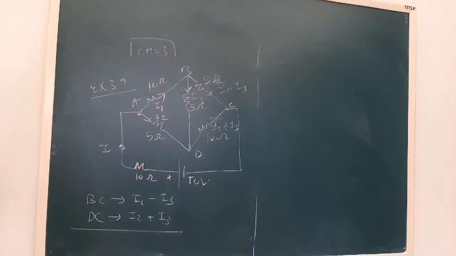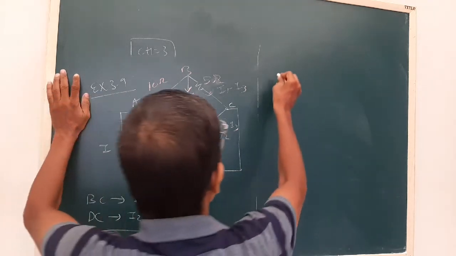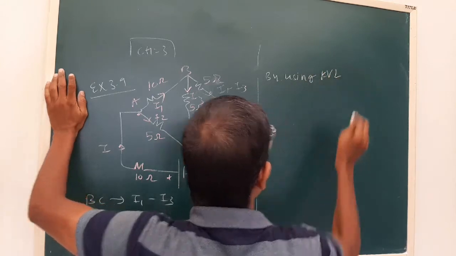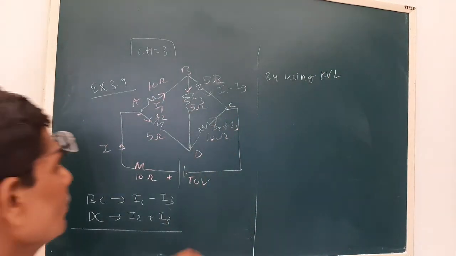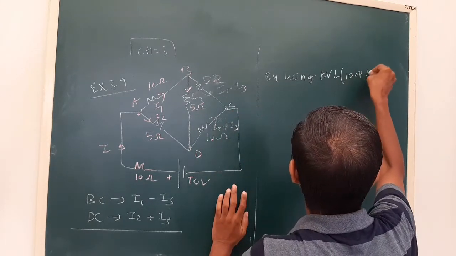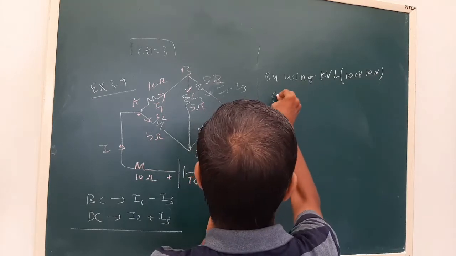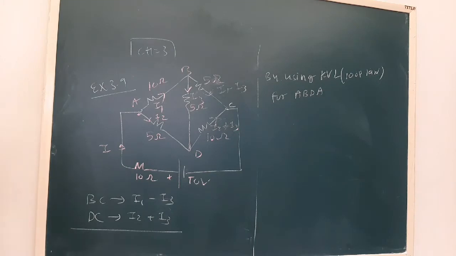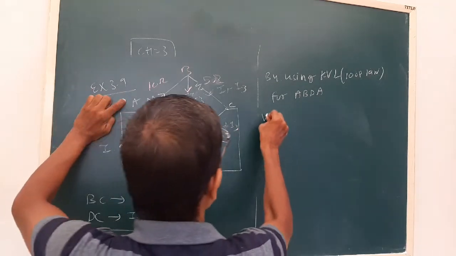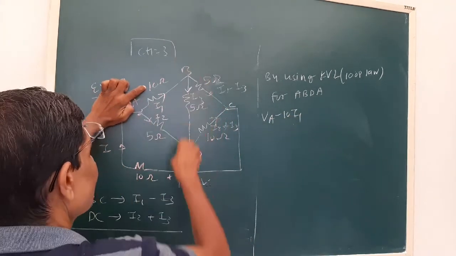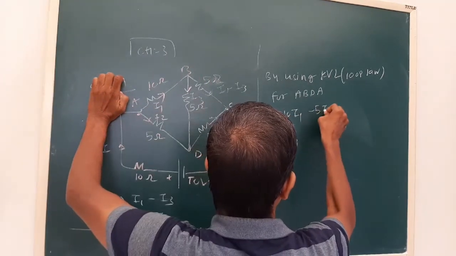Now we have to find out the current in each branch. First we take the loop ABDA by using KVL, that is Kirchhoff's voltage law, or the second law, or loop law. Starting from A, we get minus 10 I1, since we move in the current direction, then minus 5 I3.